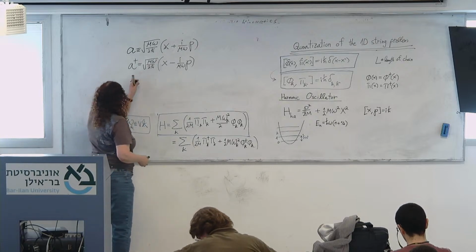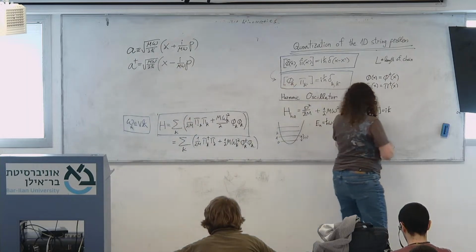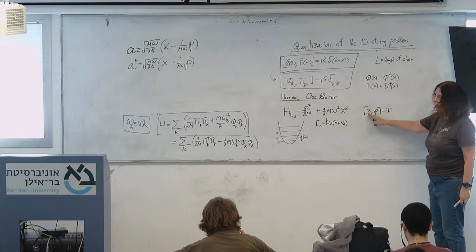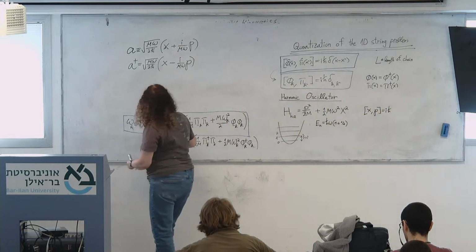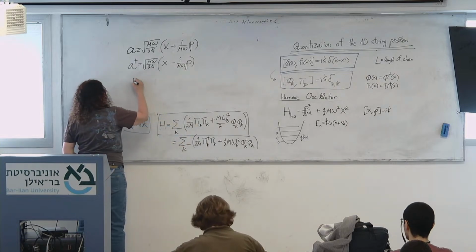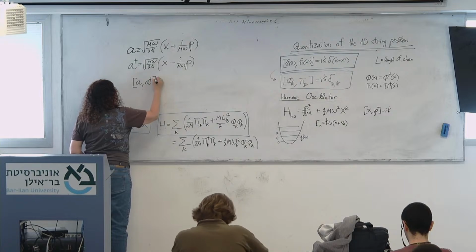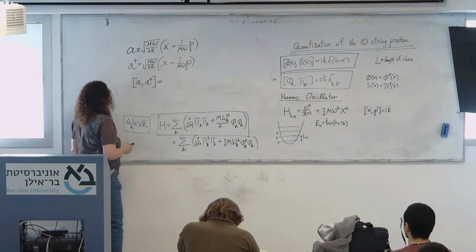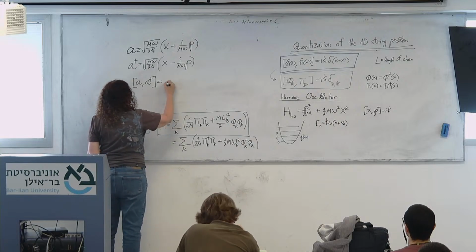If you apply the canonical commutators for x and p, you can convince yourself that the commutator of a and a dagger is, what is it? Remember? Just one.